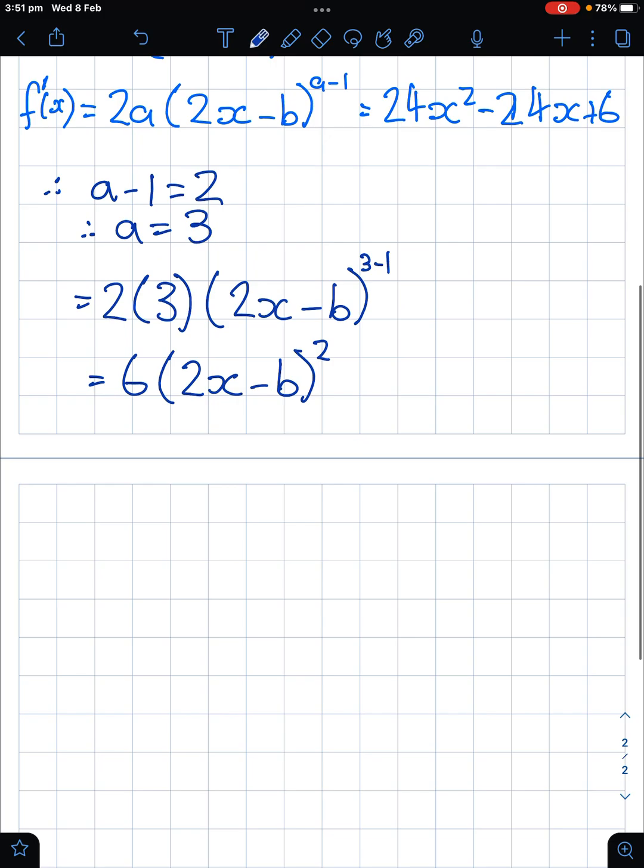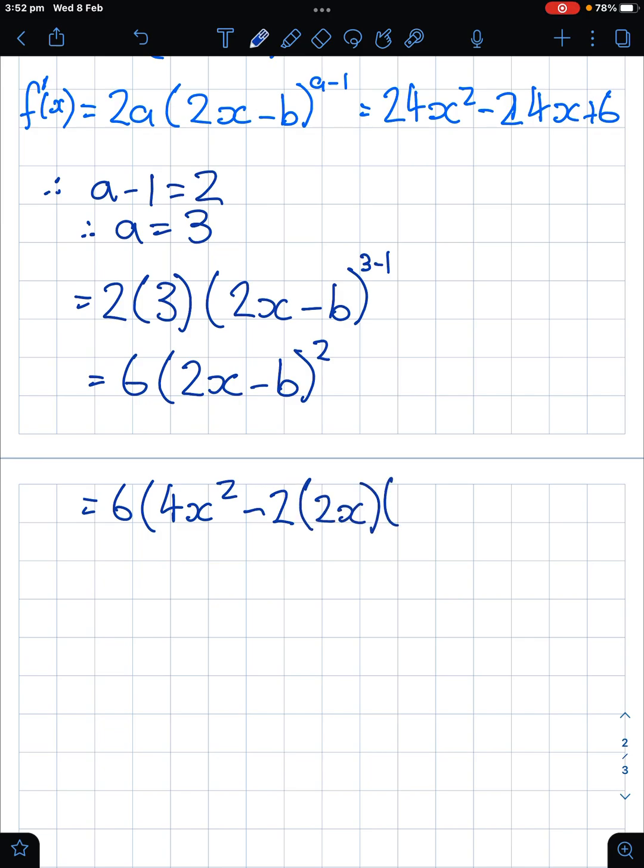All right, we're now going to expand this out, so this needs to expand for us to get what we want. Multiply 2x by 2x, so we get 4x squared minus 2xb.